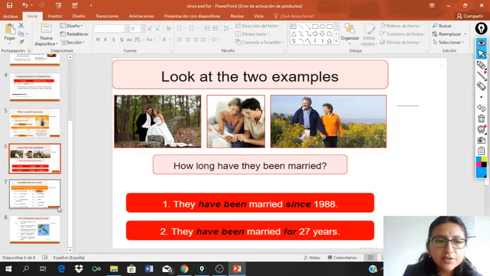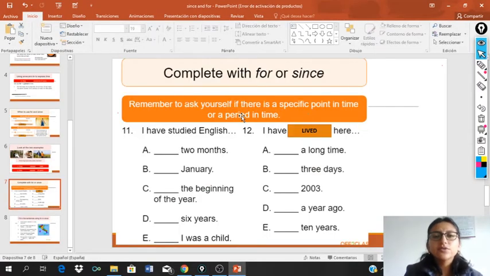Okay? Another examples. In this case, we have to complete with for and since. Remember to ask yourself if there is a specific point in time or a period of time. For example, I have studied English for 2 months or since 2 months.